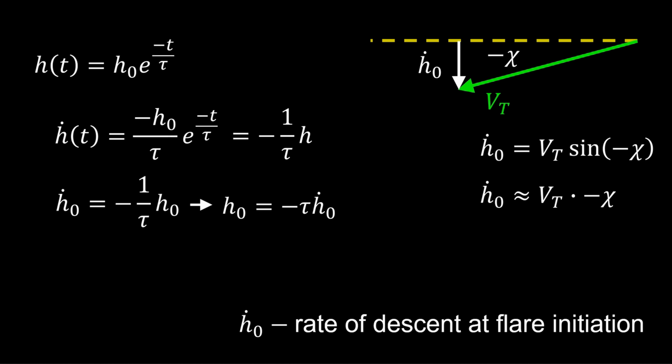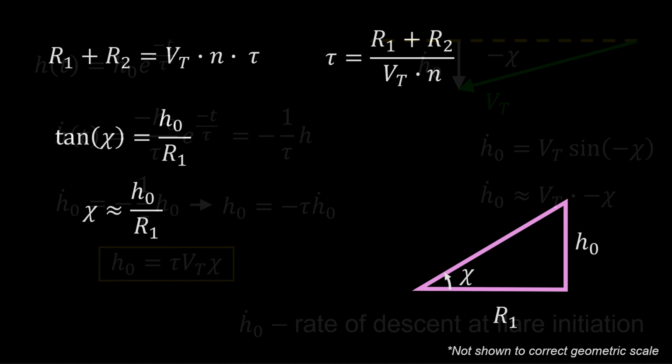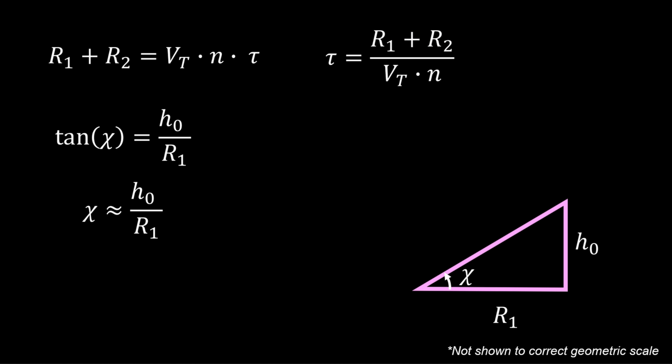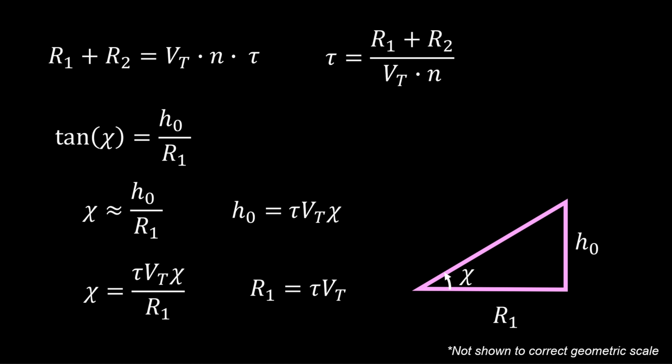So, substituting for h0 dot, we now have an expression for the initial altitude. Bring this back over. Substitute. And ultimately, we get that r1 is airspeed times the time constant tau.